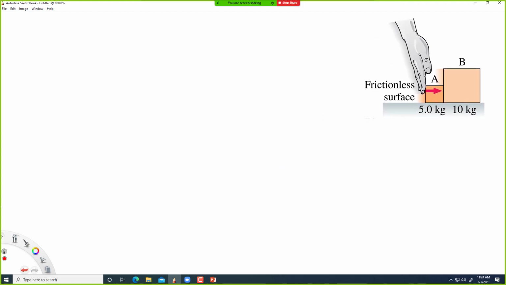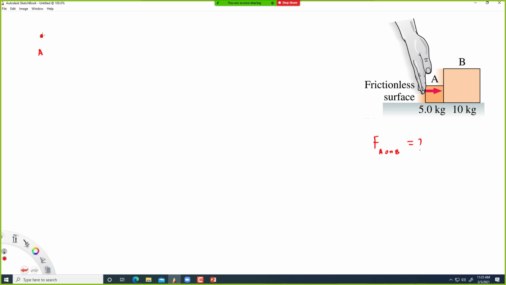Okay, so here we want to find the force of A on B. Okay, so start with the free body diagram for block A.